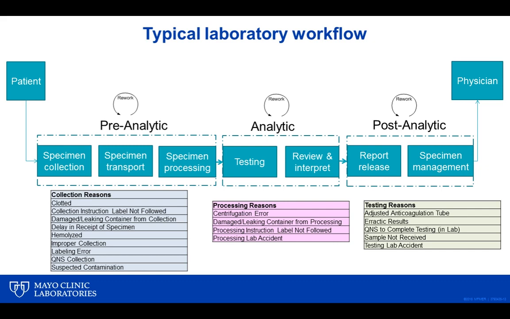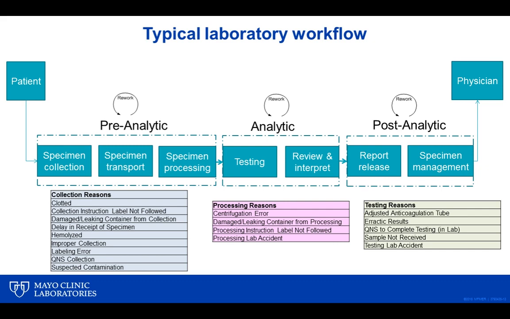So this is why we're saying that we have to make sure that we have processes in place to, if there's an error, catch the error on time before it gets further down the process. And of course, we said we don't want to see an external failure, because once the results get released and get to the physician, now the result is out there.